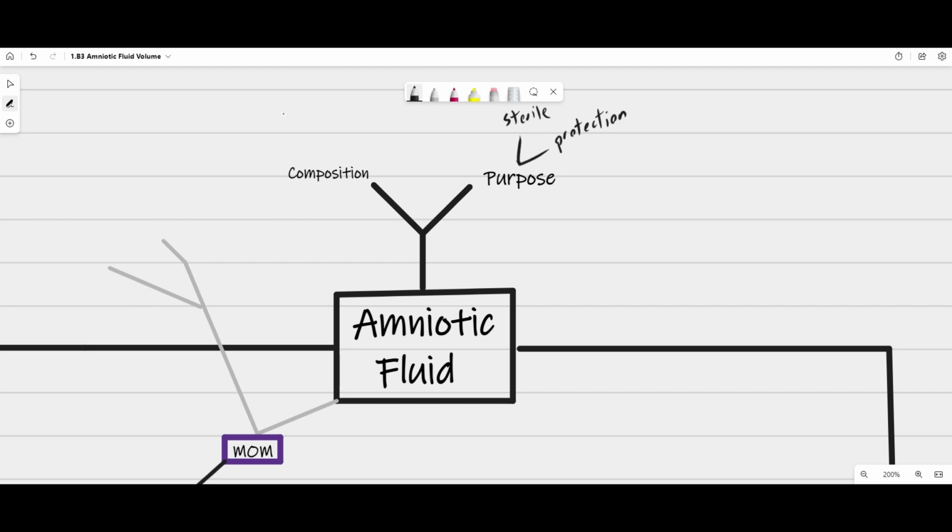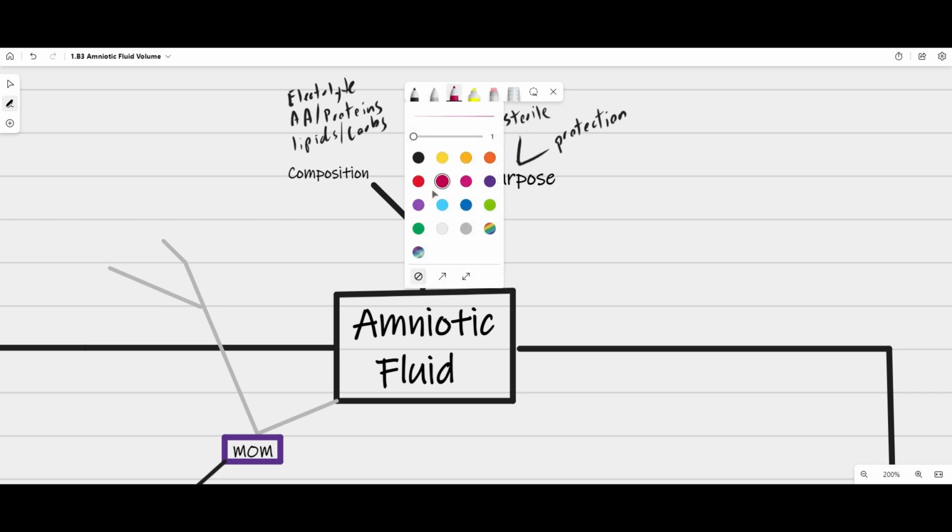So it's got a lot of different things in it, so we're just going to make a little list. We have electrolytes, we have amino acids, we've got different proteins, we have our lipids and carbs. We got some other stuff that comes off the baby.